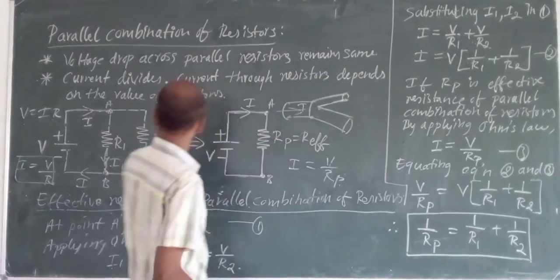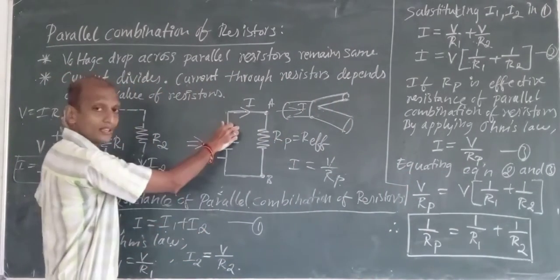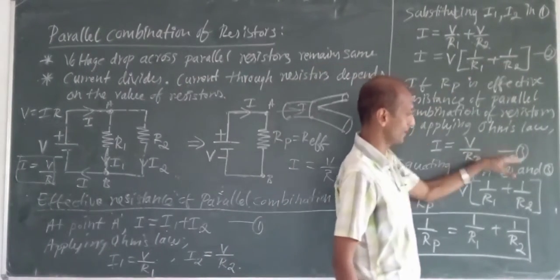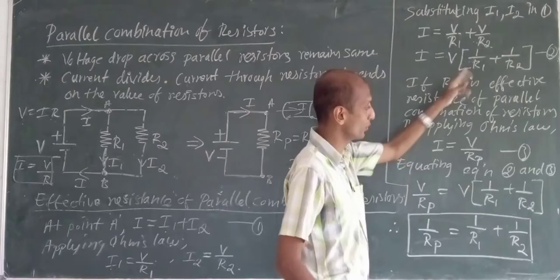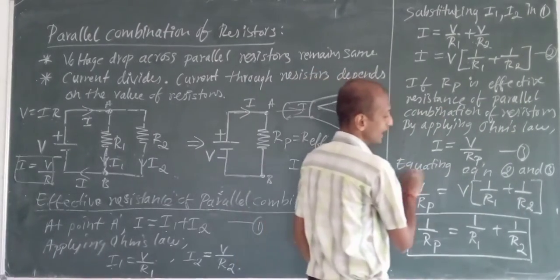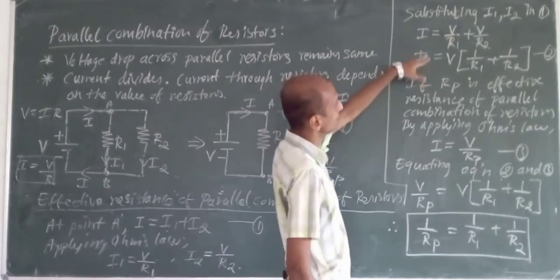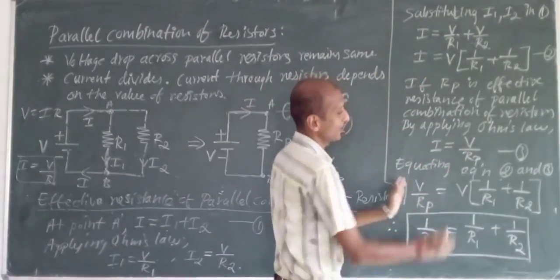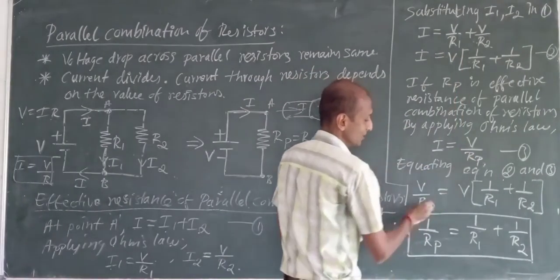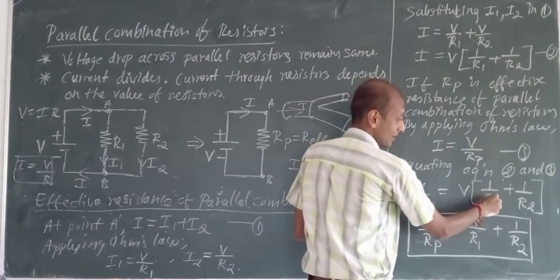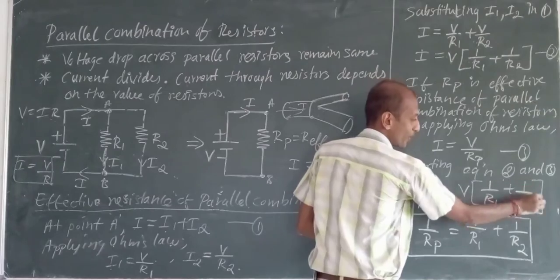Now this current I is equivalent to this current, correct or not? So if I equate equation 2 and 3, this side will be equal to this side. So V divided by Rp will be equal to V into 1 divided by R1 plus 1 divided by R2.